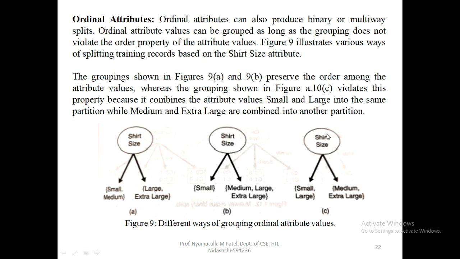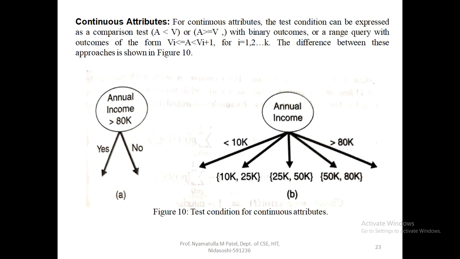Now, the third condition, 9c, violates the order property, because it combines the attribute values small and large into the same partition, while medium and extra large are combined into another partition, which does not hold the order property of the attribute values.